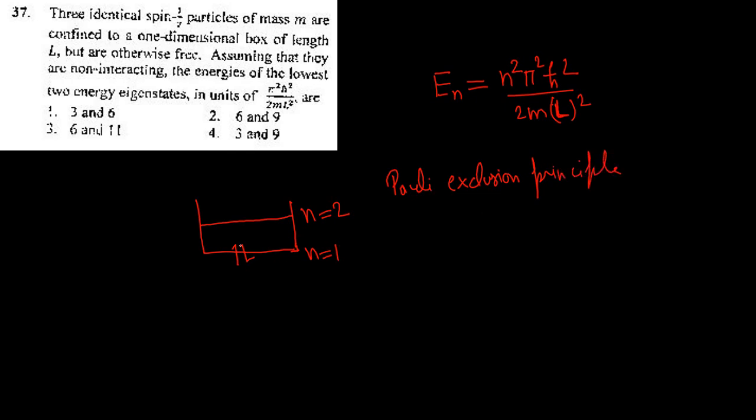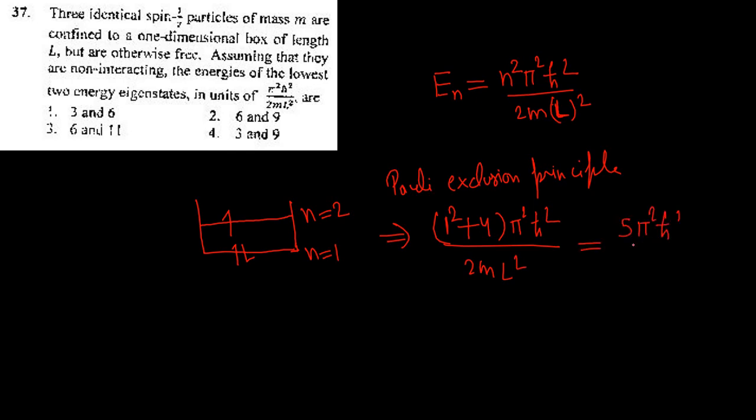So only 2 particles can lie there, and the one will remain in the first excited state. So the energy of this system will be, for n is equal to 1, 1 square plus 4 or 2 square, pi square h cross square upon 2m L square. So this will be 5 pi square h cross square upon 2m L square.